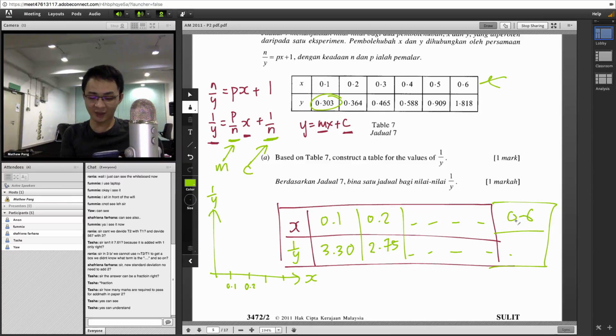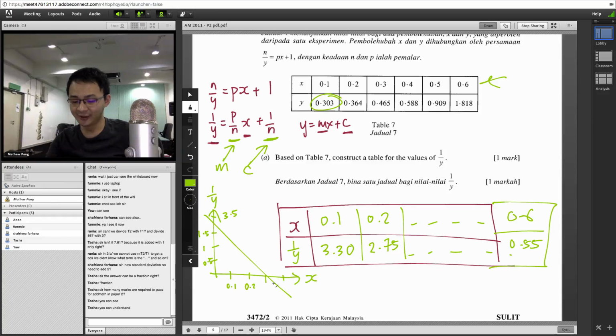So 1 divided by 1.818. This one I get 0.55. So from 0.55 to 3.3, maybe I can do 0.5 every 2 centimeters, and then 1, and then 1.5 until 3.5, because you have 3.3 here. And then you just plot the coordinates and connect them. It should be a very nice graph. The graph should look like this, maybe.